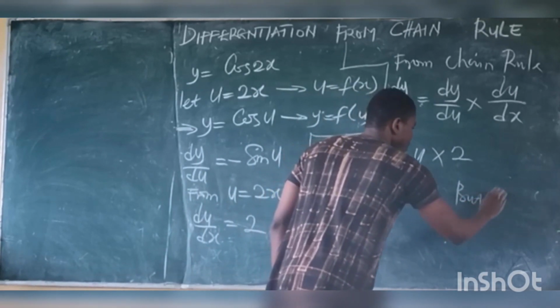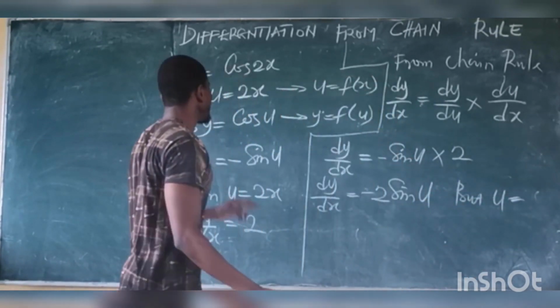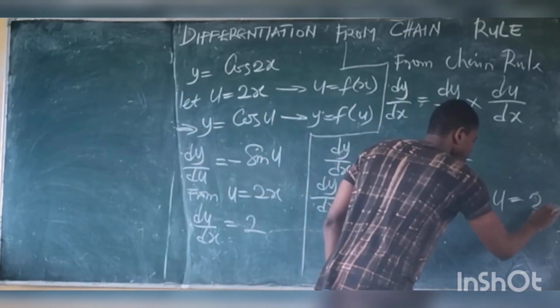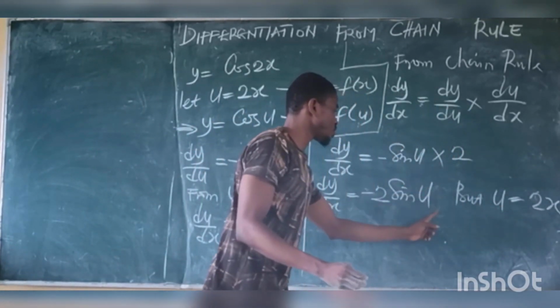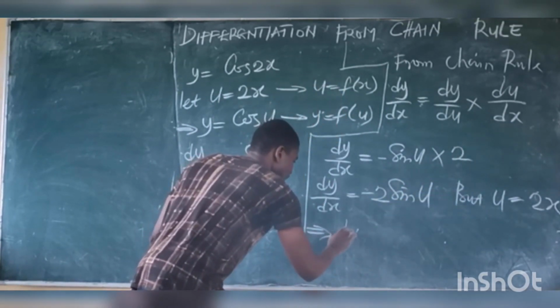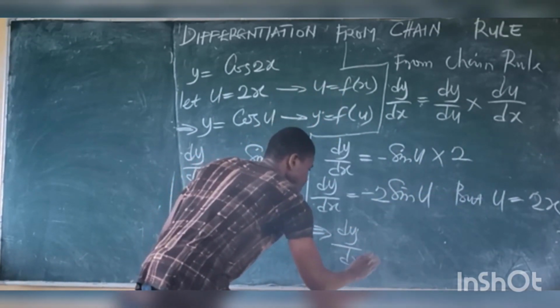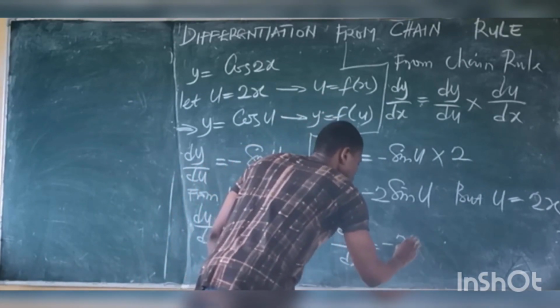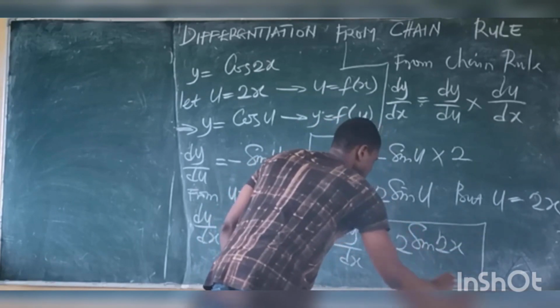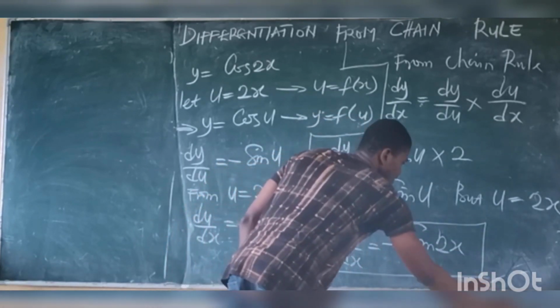But recall that we said u is equal to 2x. We said let u be equal to 2x. So that means in place of this u now, I will replace it with 2x. So that now implies that dy dx is equal to minus 2 sine 2x. So that simply becomes the answer.